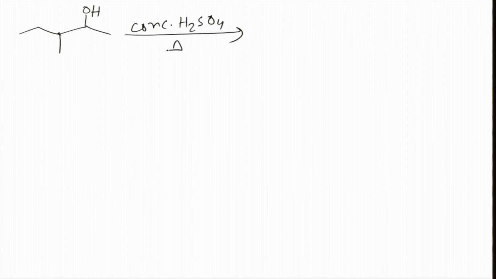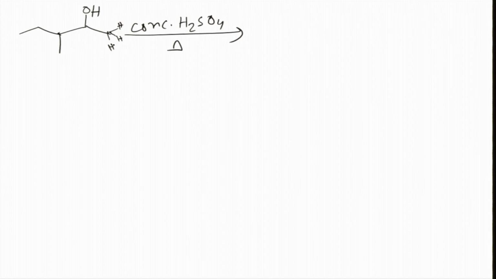Now, there is a very important factor here. So, let us say this is the alcohol and we treat with concentrated H2SO4. Okay. So, now what will happen? So, there are 3 hydrogen.